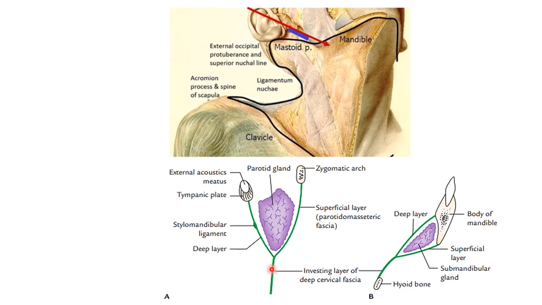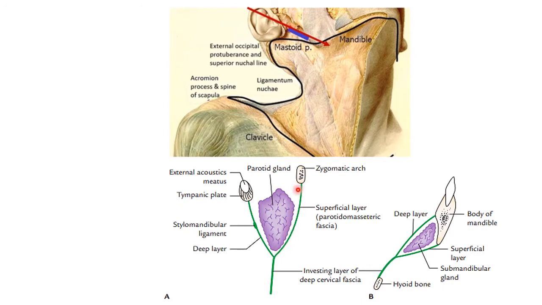This is the investing layer of the deep cervical fascia. It splits to enclose the parotid gland. We want to show you how the parotid gland is enclosed. The anterior layer passes over the superficial surface of the parotid gland and gets attached to the lower border of the zygomatic arch.